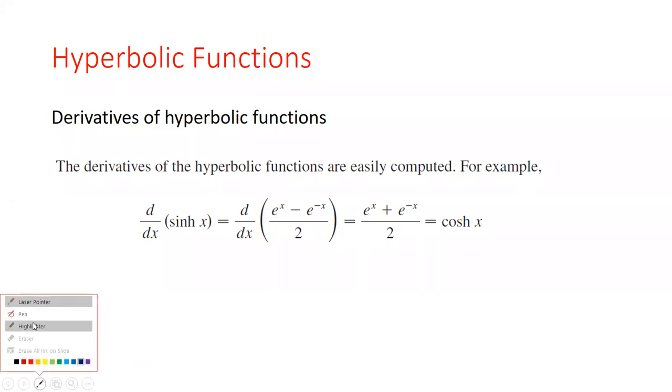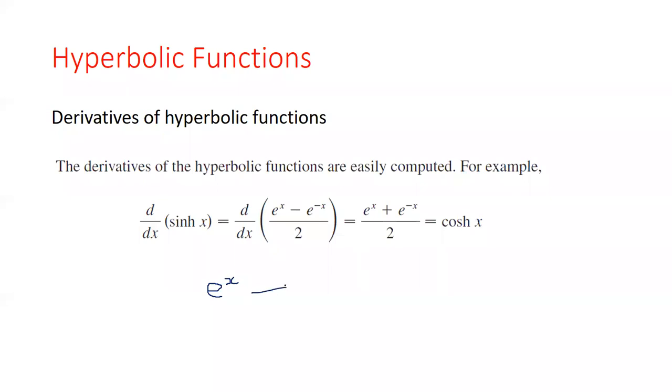But now the nicest part about it is we know that if we are given e to the power of x, the derivative of this will always be what? e to the power of x. It does not change. So now what happens is if I get a negative here, I'm going to get a negative here as well.